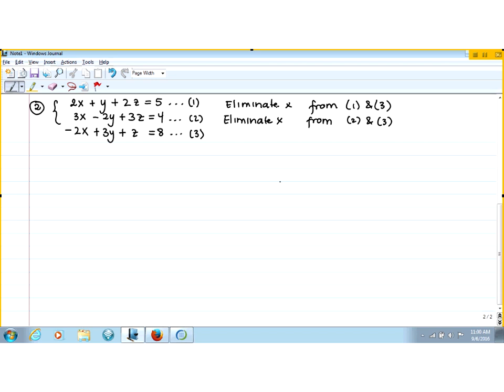From 1 and 3, the other people didn't get it.